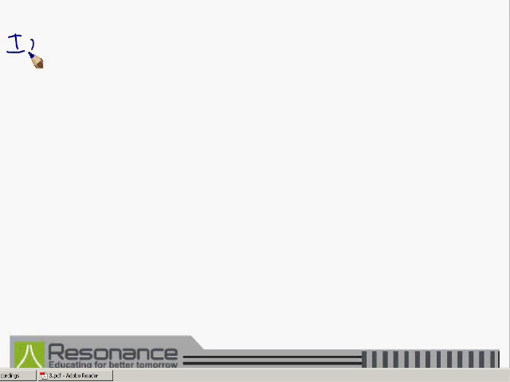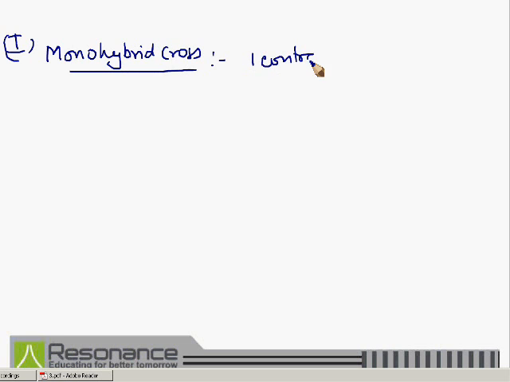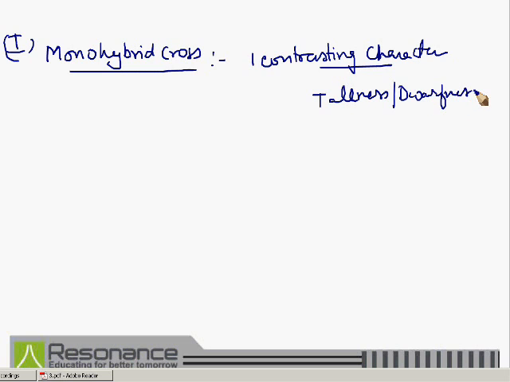The first experiment is known as the monohybrid cross. In this cross, Mendel studied transmission of one contrasting character, and that character is tallness to dwarfness.